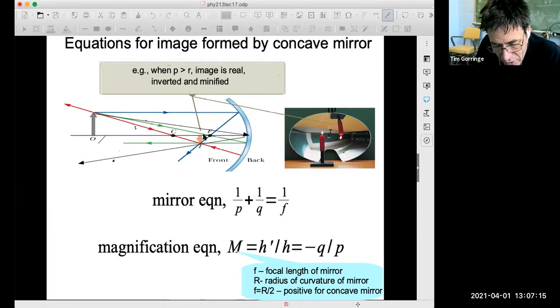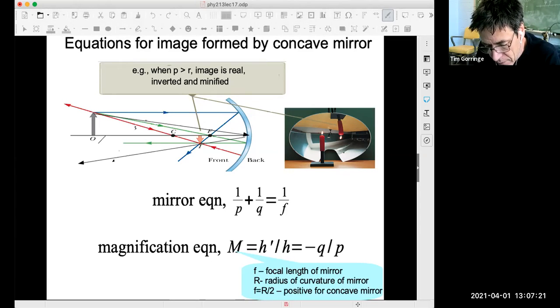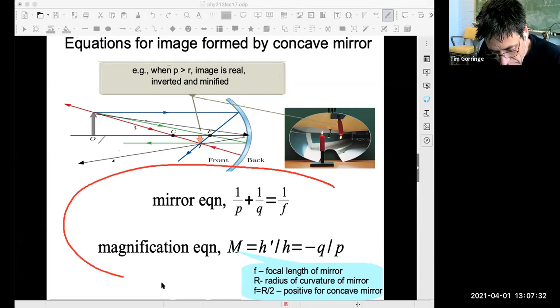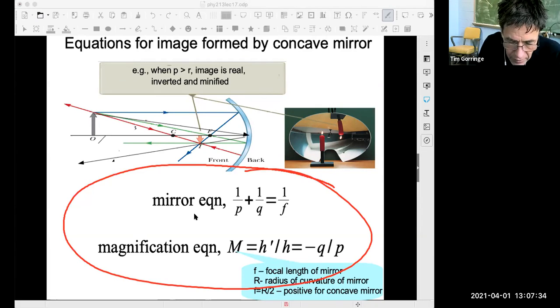With that ray tracing are, again, a couple of equations that accompany the ray tracing that tell you the location and the magnification of the image. And I've written them down here. So this top equation, that's called the mirror equation.